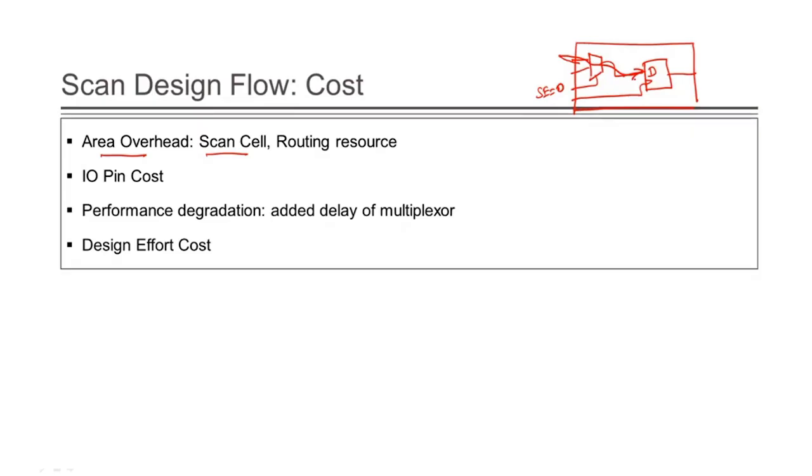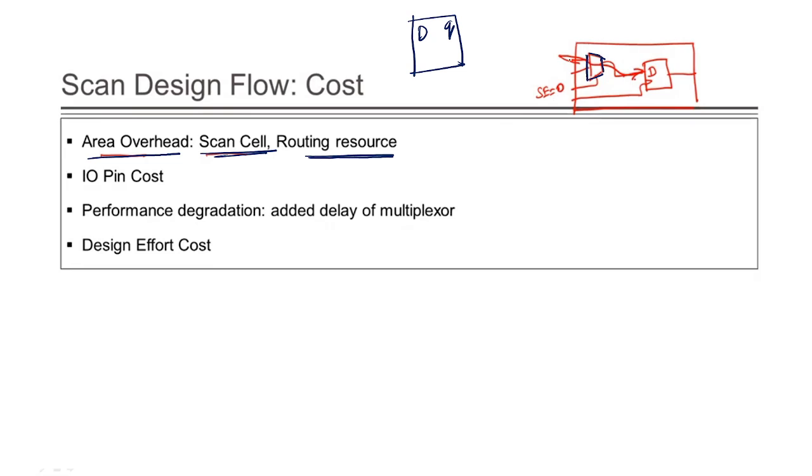And scan design flow cost: there are some limitations related to cost. Area overhead means you are adding more scan cells, and routing resources also. You converted the D flip flop with extra logic, that is a mux, so you added one more mux.